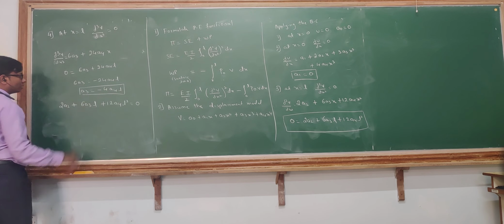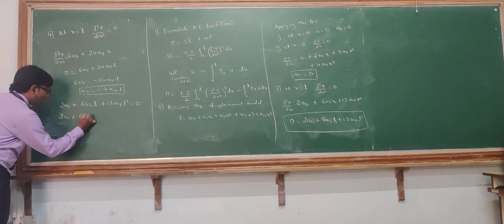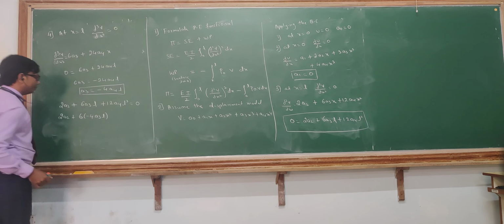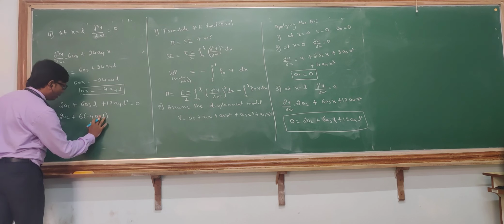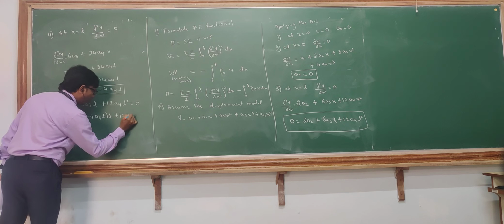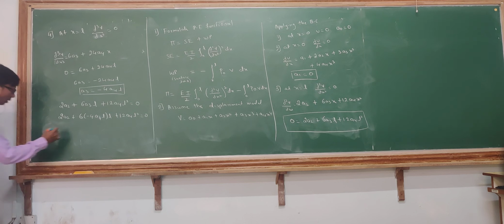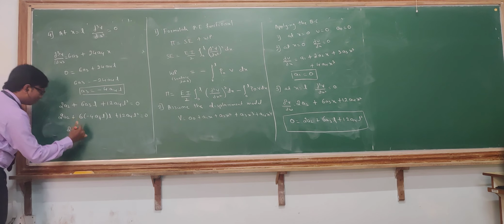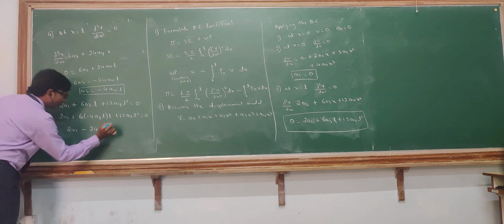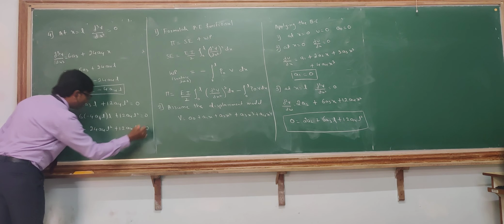So I'll just substitute what a3 is here. I got 2a2 plus 6 into minus 4a4L into L plus 12a4L² should be equal to 0. So what we get exactly here is 2a2 minus 24a4L² plus 12a4L² equal to 0.